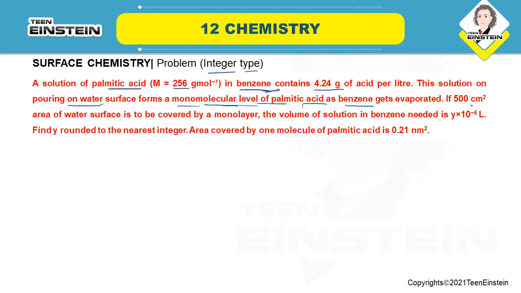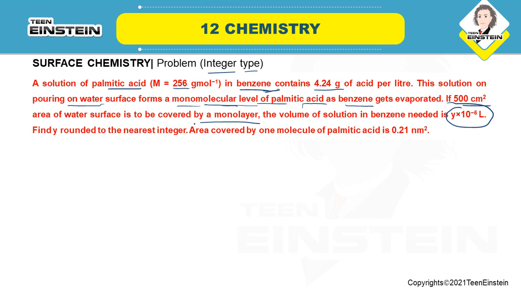If 500 centimeter square area of water surface is to be covered by the monolayer of palmitic acid, then the volume of the solution in benzene that will be required is y into 10 to the power minus 6 liter. We have to find this value of y to the nearest integer.